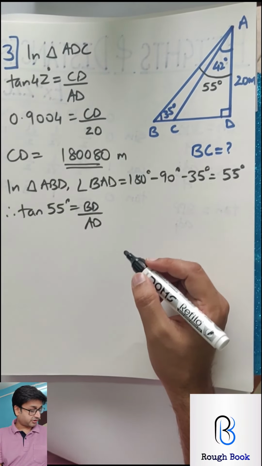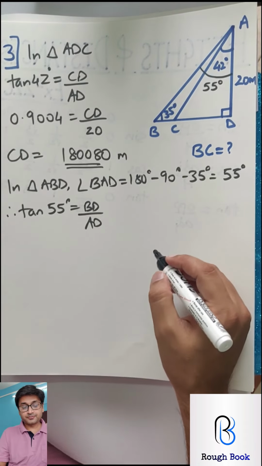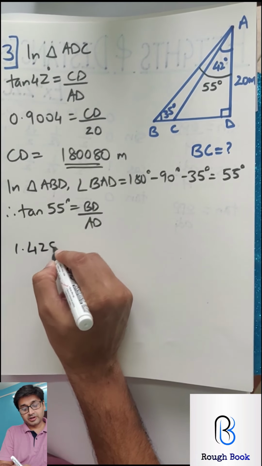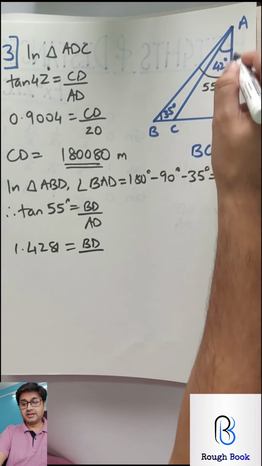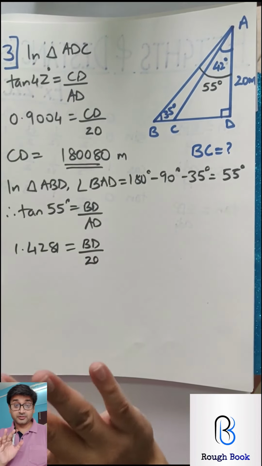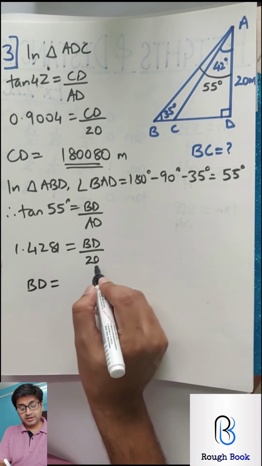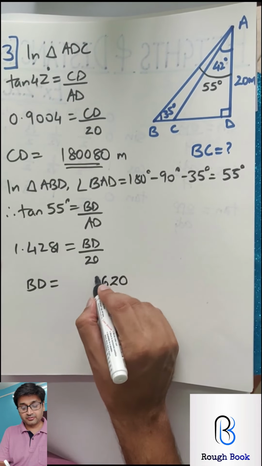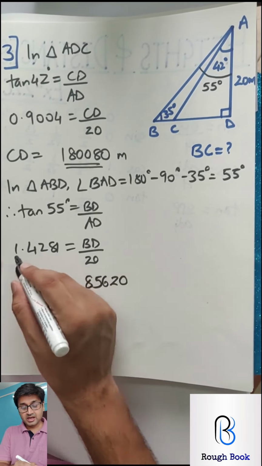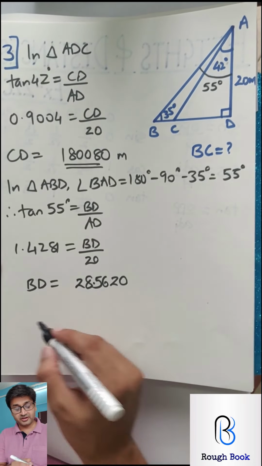So let's get the value for tan 55 this time. Tan 55 is 1.4281. BD is unknown and AD again is 20. So now you can multiply, you're safe. Had you taken 35, you would have got stuck. So therefore BD: 2 1s are 2, 8 2s are 16, 4 and 1 is 5, 4 2s are 8, and again 2 1s are 2. So 4 decimals, 1 2 3 4, 28.56.